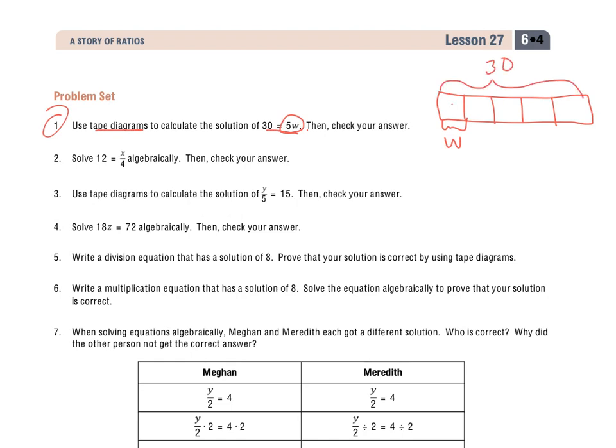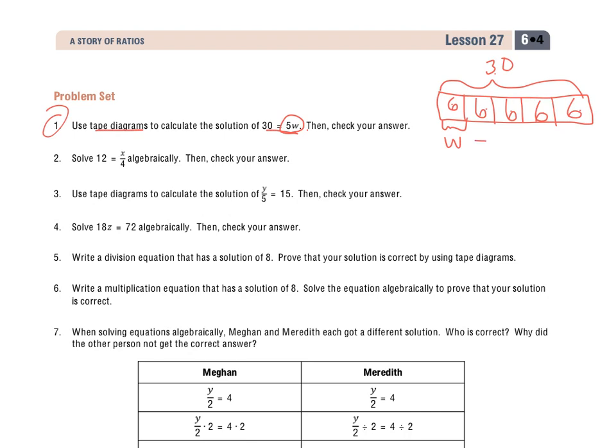So I'm looking for 1, 2, 3, 4, 5, something 5 times will get me 30. So I know that I can divide 30 by 5 to get me 6. So each of these boxes will get me 6, or I know that 6 times 5 or 5 times 6 will get me 30.